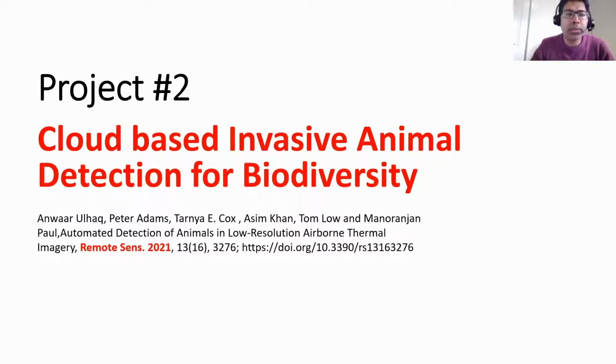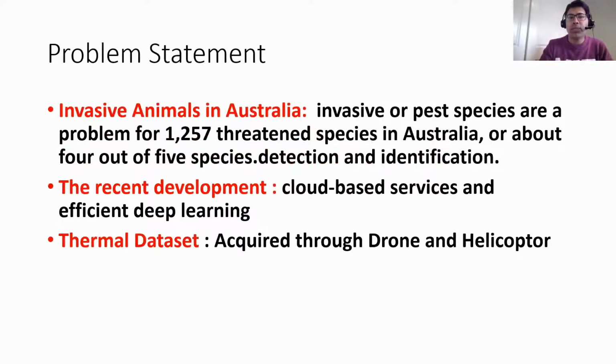Another practical project which we have done recently was also a cloud-based project, for the sake of biodiversity. The challenge was that in the Australian landscape we have many different pest animals, including the European rabbit, kangaroos, and feral pigs.